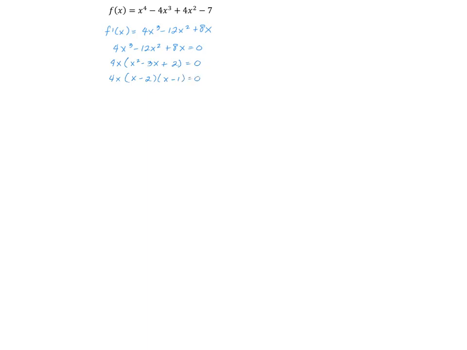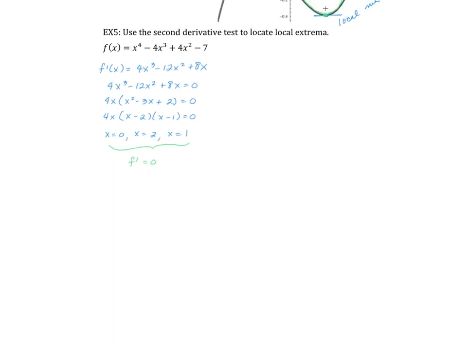So setting these equal to 0, I have x is equal to 0, x is equal to 2, and x is equal to 1. So remember, these are the values where my first derivative is equal to 0. So now by the theorem, I have to take all 3 values and test them in my second derivative. So now let's go ahead and compute the second derivative.